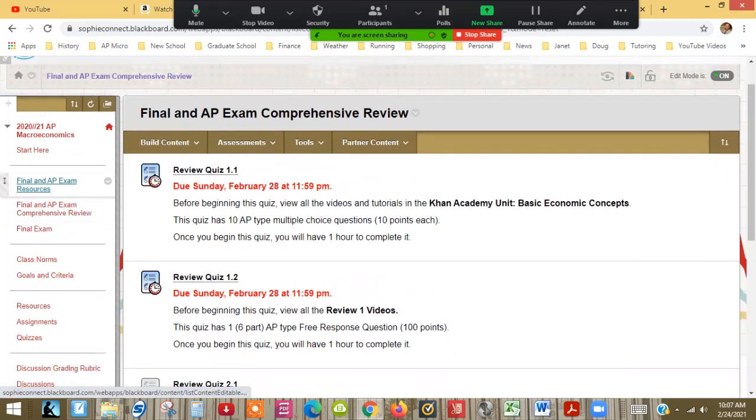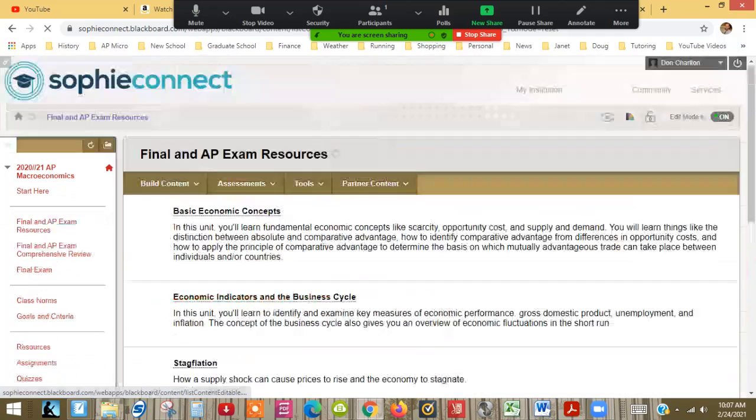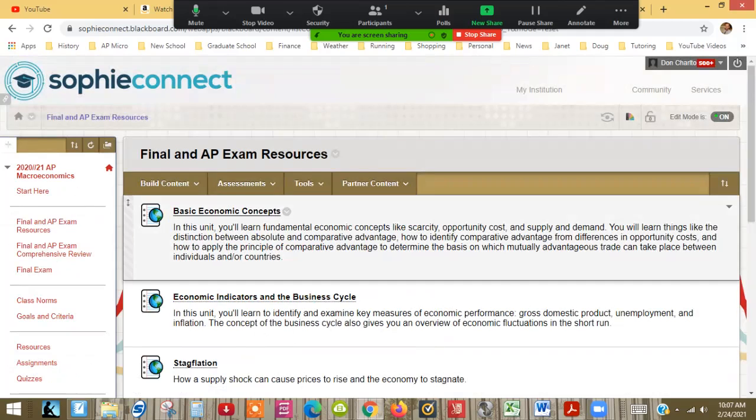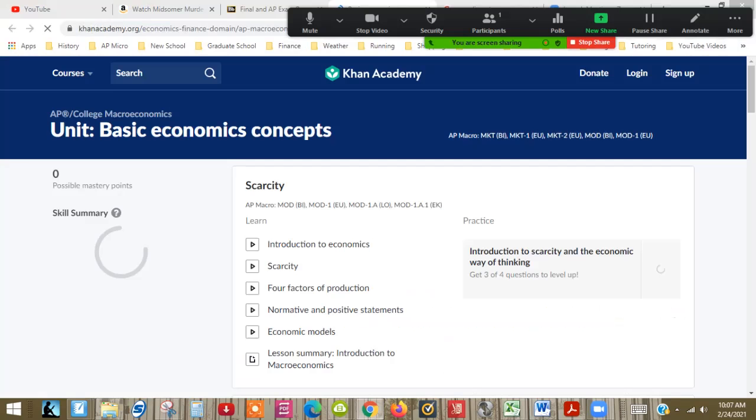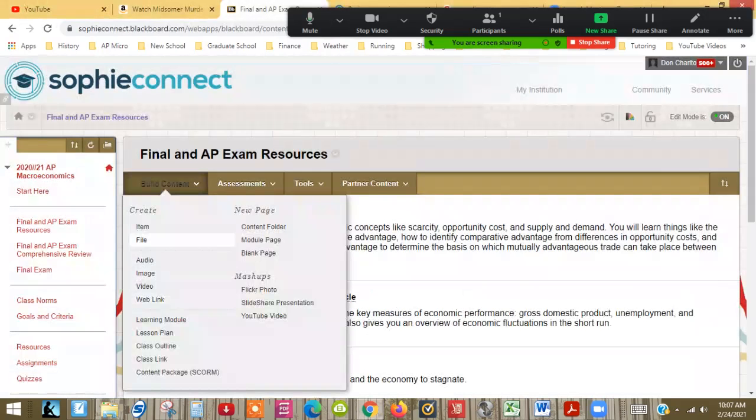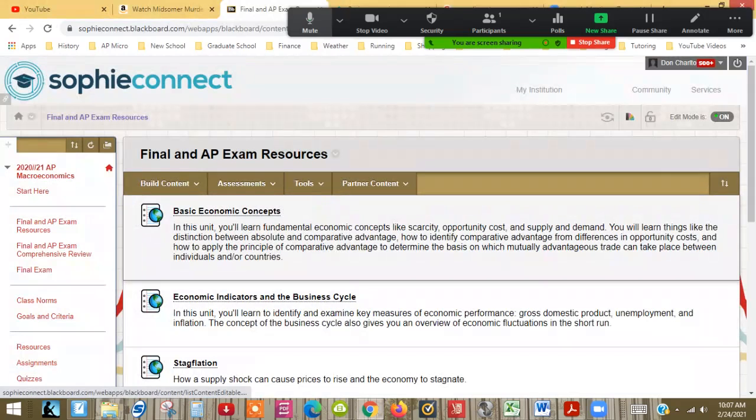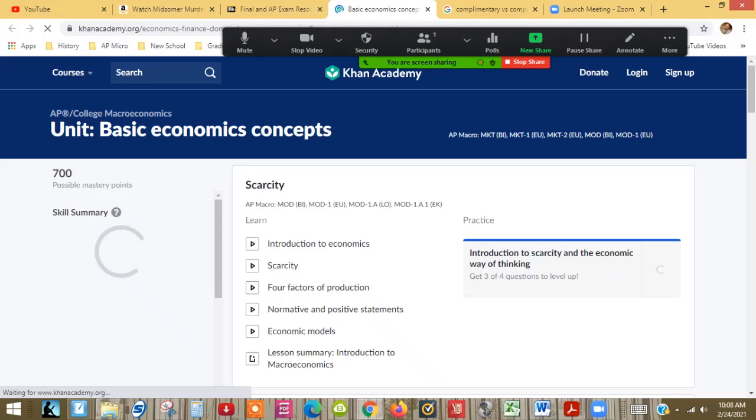If you go to final and AP exam resources right here on the left of your screen in the course menu, and click there, and then click on the basic economic concepts. If you go to the Khan Academy website, which I just did, I just clicked on this link right here, and that brought me here.